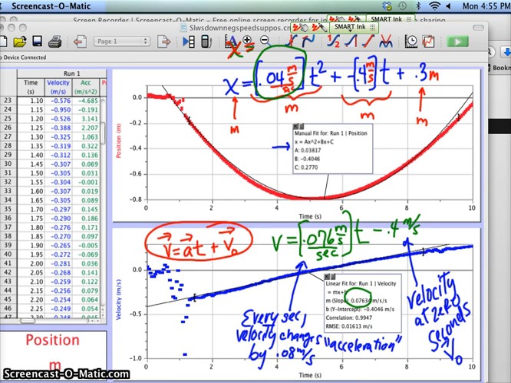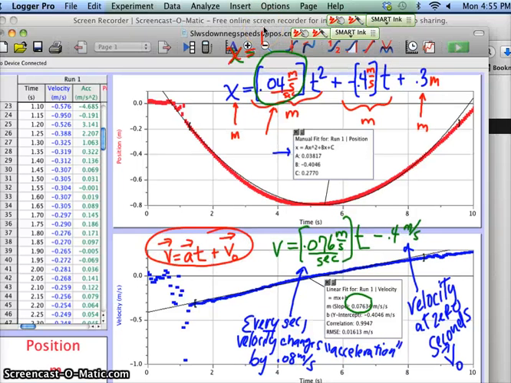Position is going to equal, now, you'll notice our A term here turned out to be 1/2 our acceleration. So position is going to be 1/2 times acceleration times time squared. A little hard to see that. I'm going to write it down here. Okay? So again, our general equation is going to be up here.